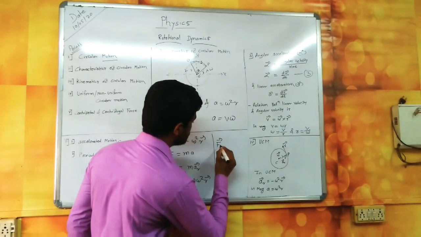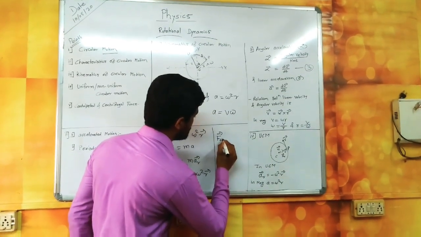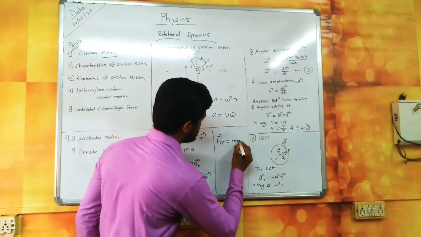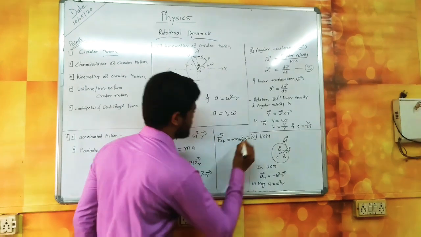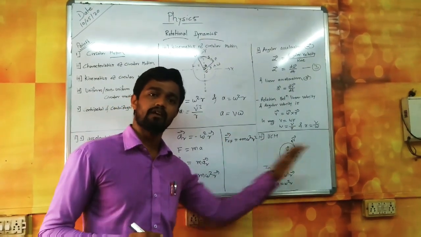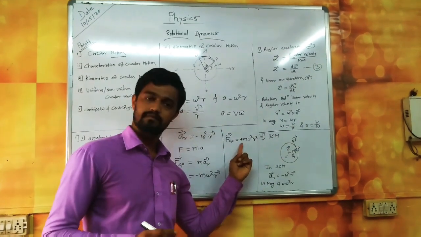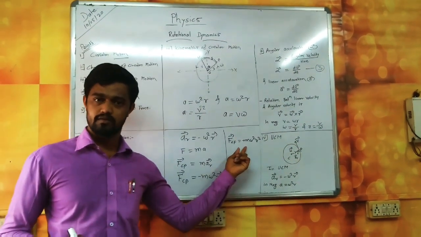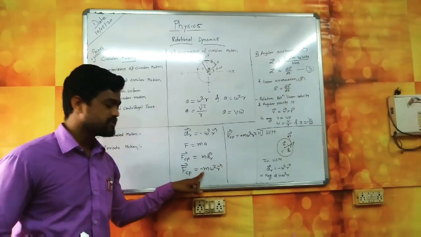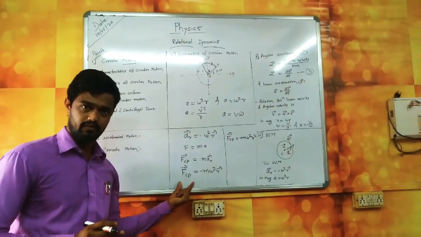F_CF is equal to plus m omega square r bar. What I am saying is, centrifugal force is directed away from the center, then it is positive. And when the particle is directed towards the center, then it is negative and is called centripetal force.